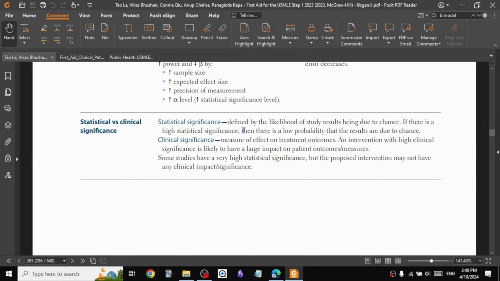Clinical significance is the actual practical significance: the measure of effect on treatment outcomes. An intervention with high clinical significance is likely to have a large impact on patient outcomes and measures. So this is physical, I can actually see this change. Statistical is more of a theoretical, study likelihood type of thing.